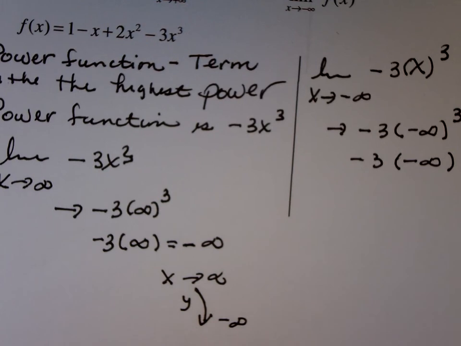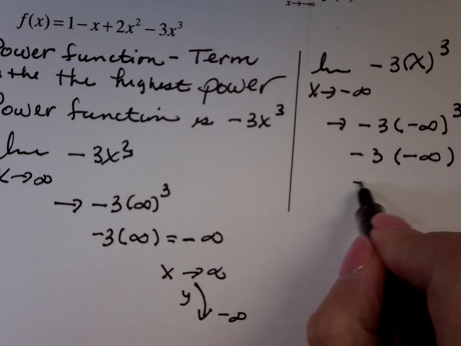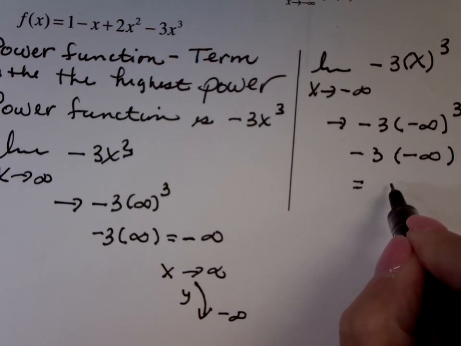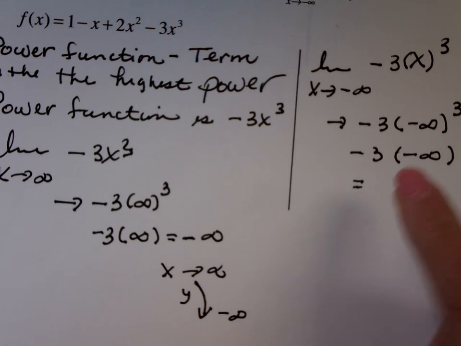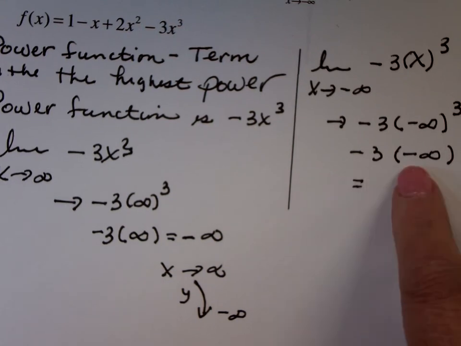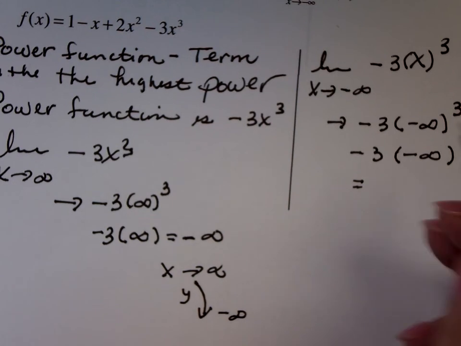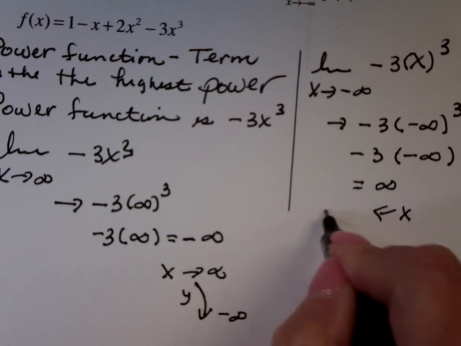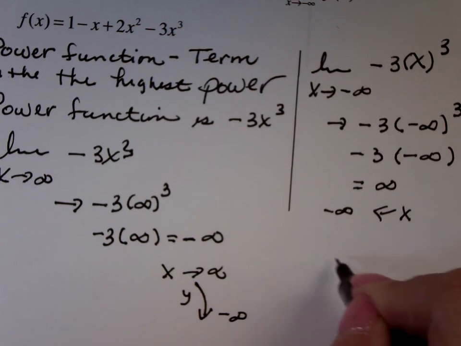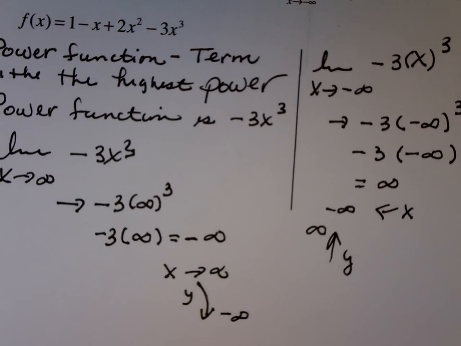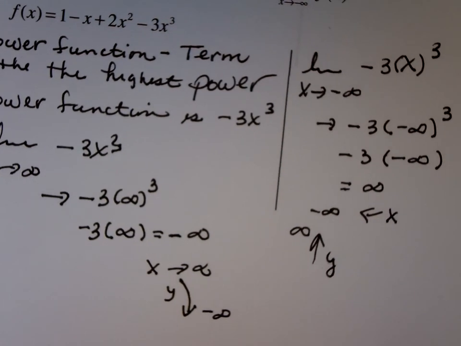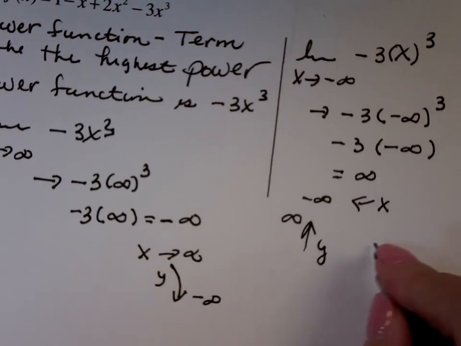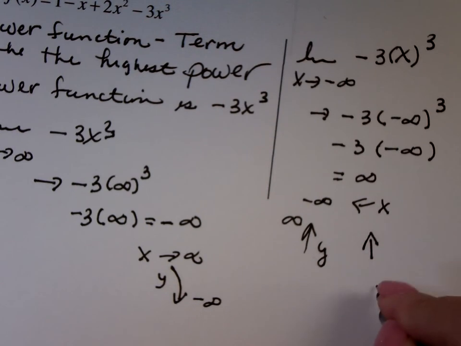And negative 3 times negative infinity is going to be, negative times a negative is a positive. Now that says as x goes to negative infinity, y is going up. So if I were to graph it, it starts at the top, does what it's going to do, and goes out through the bottom.